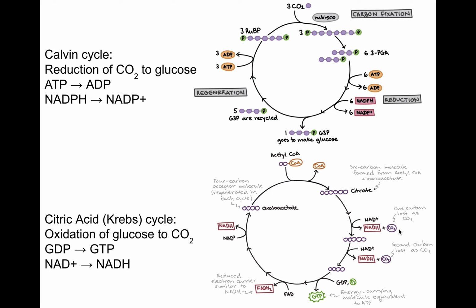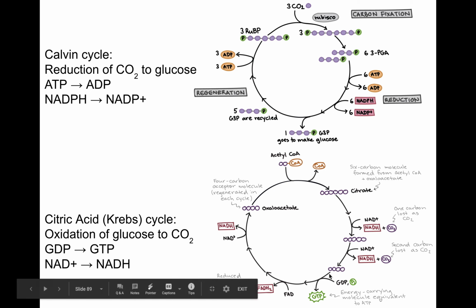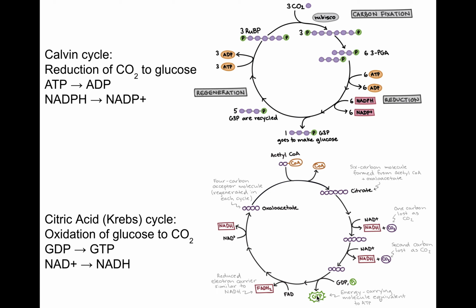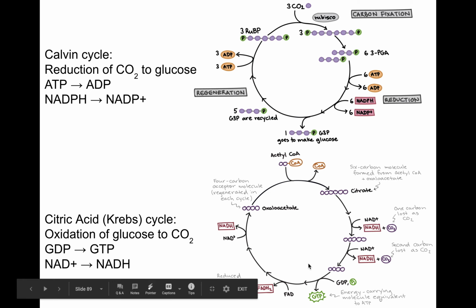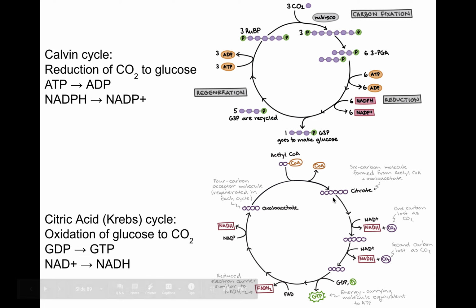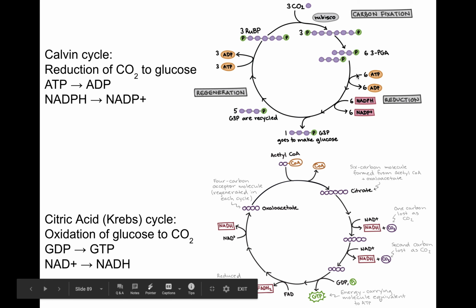That's how you get rid of those carbons one by one. In this process, you are making energy. You are going from GDP to GTP, and you can further go from ADP to ATP. You are also reducing NAD+ to NADH, which means you are oxidizing your carbon molecule. So, opposite.